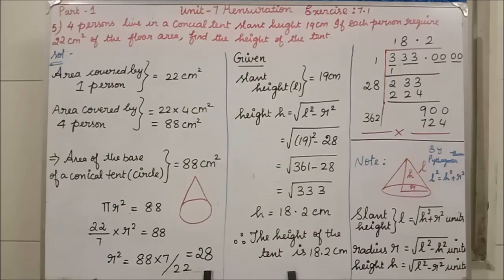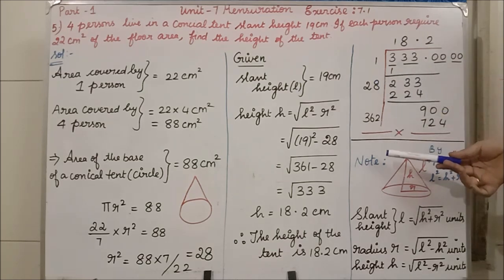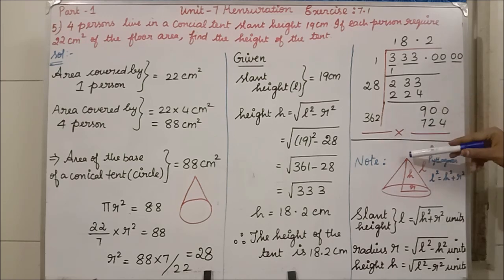Yes. Fifth question. Before going to the fifth question, you have to know about the note. Before copying in class for the fifth question, just write the note and then you can copy the fifth question. See what this note says: this is a right circular cone. I have drawn a right angle triangle, from that I have drawn the cone.